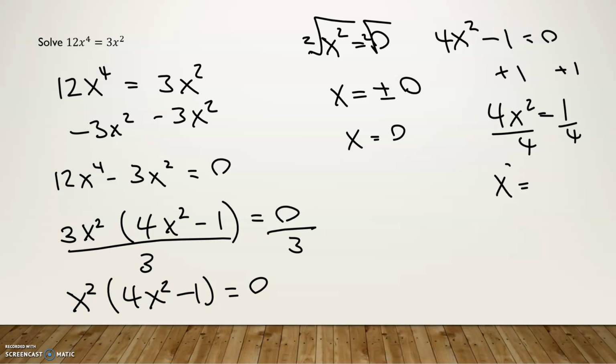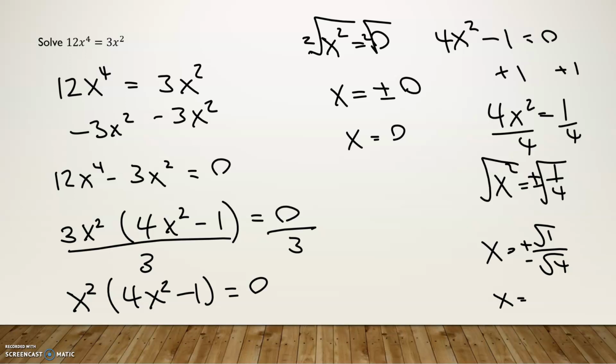So x squared is equal to 1/4. Going to square root. So x equals the square root of 1 over the square root of 4, and I need to put a plus or minus here. Square root of 1 is just 1. Square root of 4 is 2.